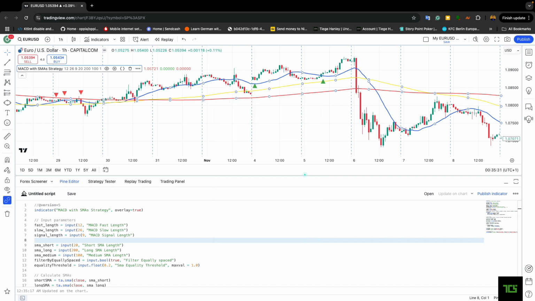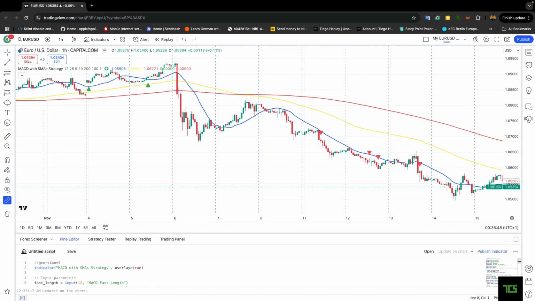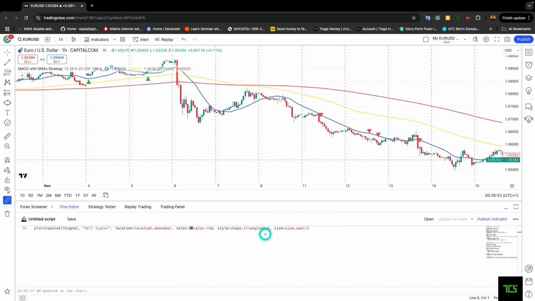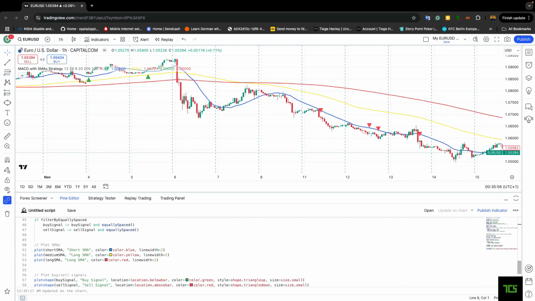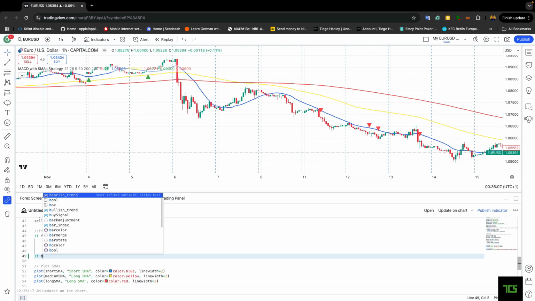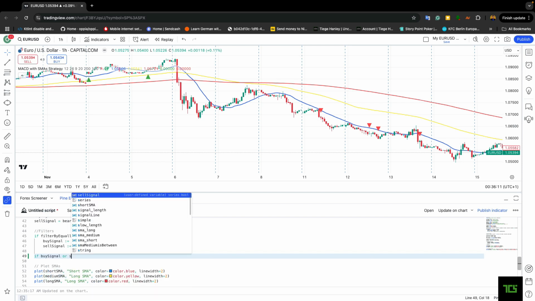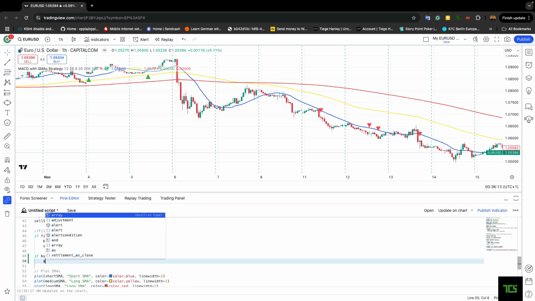So, yeah, and there goes one of the best things about these indicators is that you can easily just tell the indicators to say, okay, alert me when this signal comes, buy signal or sell signal, then alert.